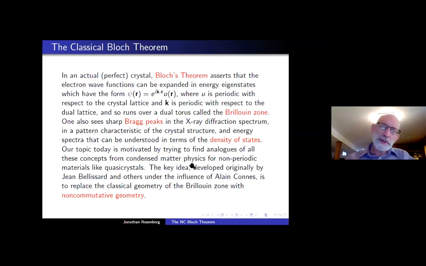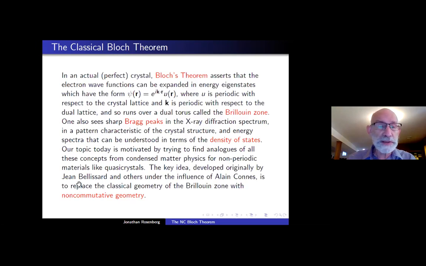What we're going to try to talk about today is how you can find analogs of all these concepts from classical condensed matter physics for non-periodic materials like quasicrystals. While there are lots and lots of people who have worked on this, including quite possibly many of the people here at the seminar, I hate to slight people.